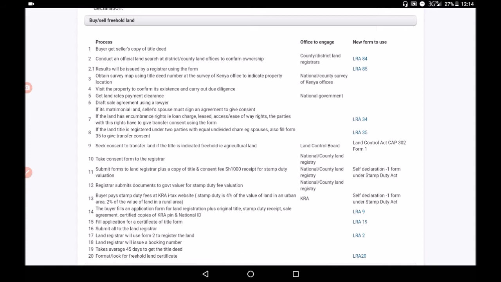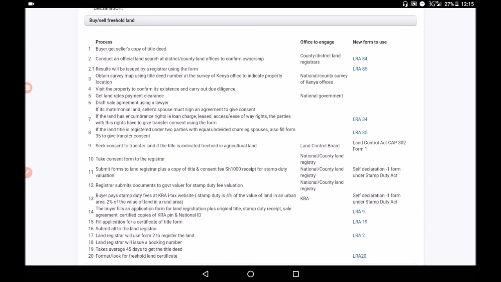You don't draft a sale agreement alone. If it is matrimonial land, make sure the seller's spouse also signs the agreement to give consent.